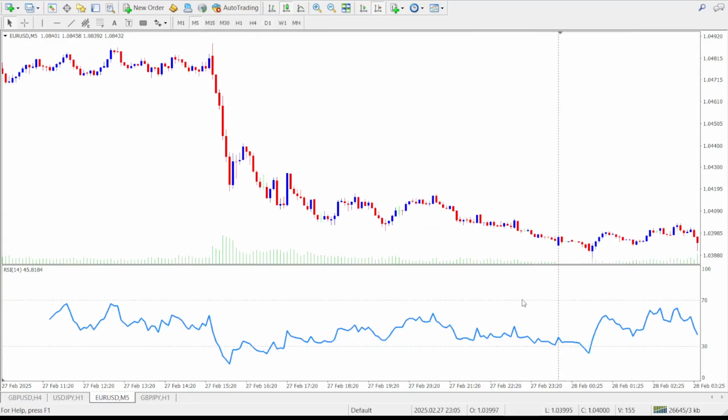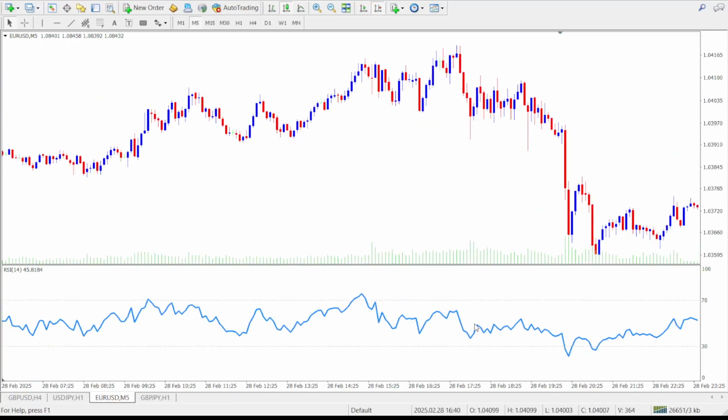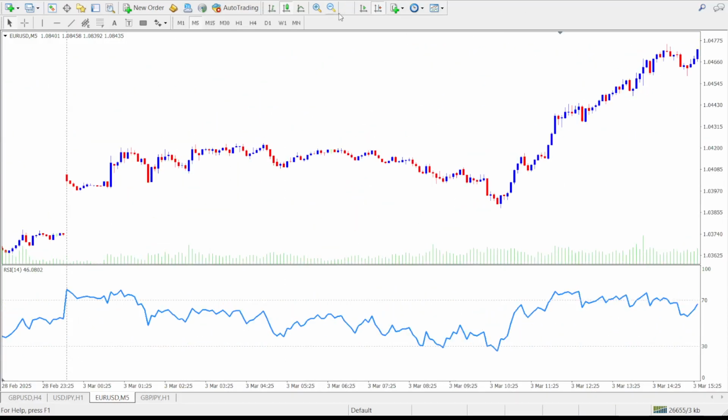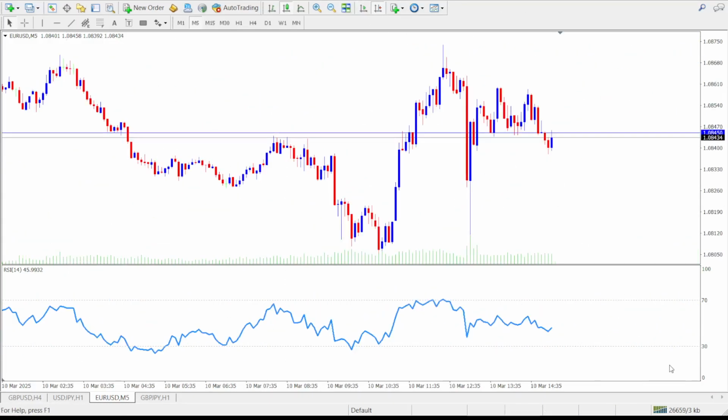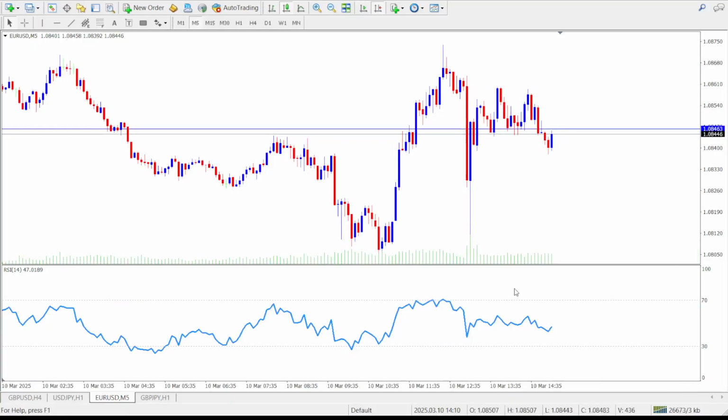The RSI is a momentum oscillator that ranges from 0 to 100. Typically, an RSI above 70 signals that an asset is overbought, while an RSI below 30 suggests that it is oversold. As a scalper, you can use the RSI to identify potential reversal points.